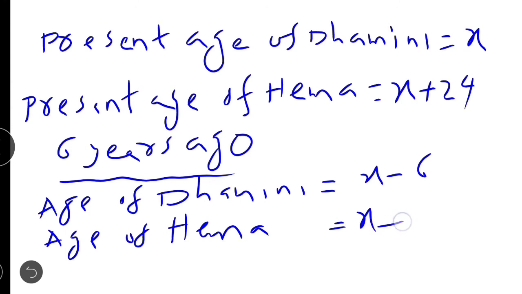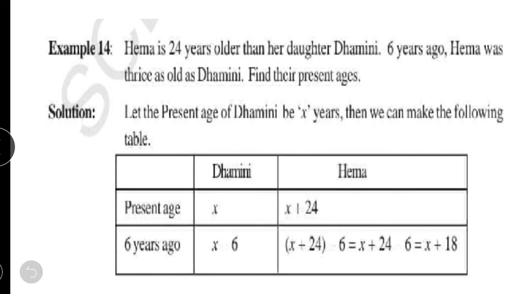And similarly x plus 24 minus 6, 24 minus 6 is 18. So the age of Dhamini is x minus 6 and the age of Hema is x plus 18. So now Hema was thrice as old as Dhamini.